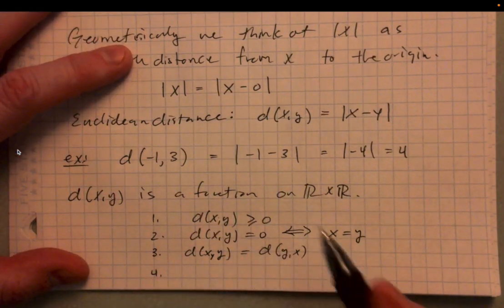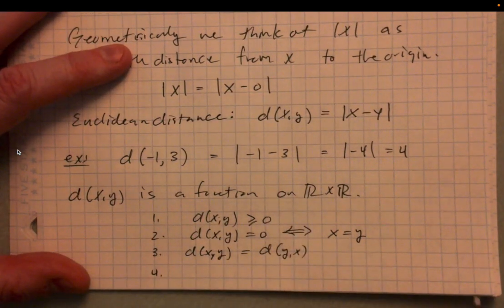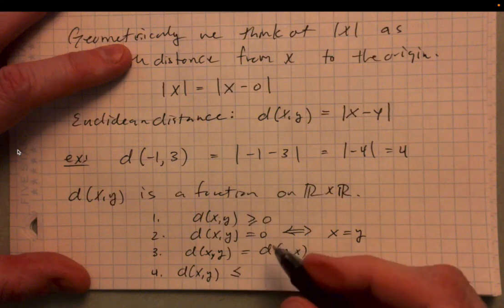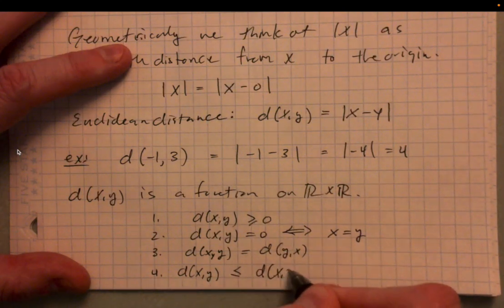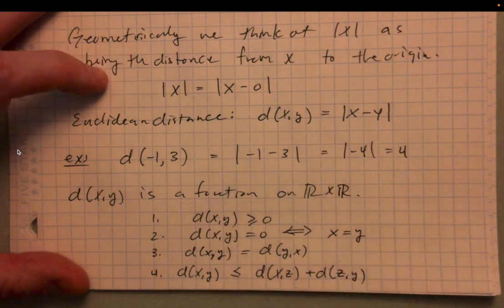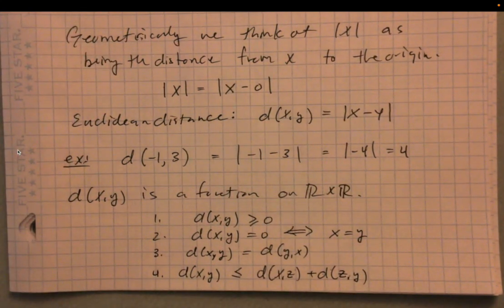And finally, another feature of the distance function is that the distance between x and y is always going to be less than or equal to the distance between x and z plus the distance between z and y. Okay, and that's basically the previous statement.